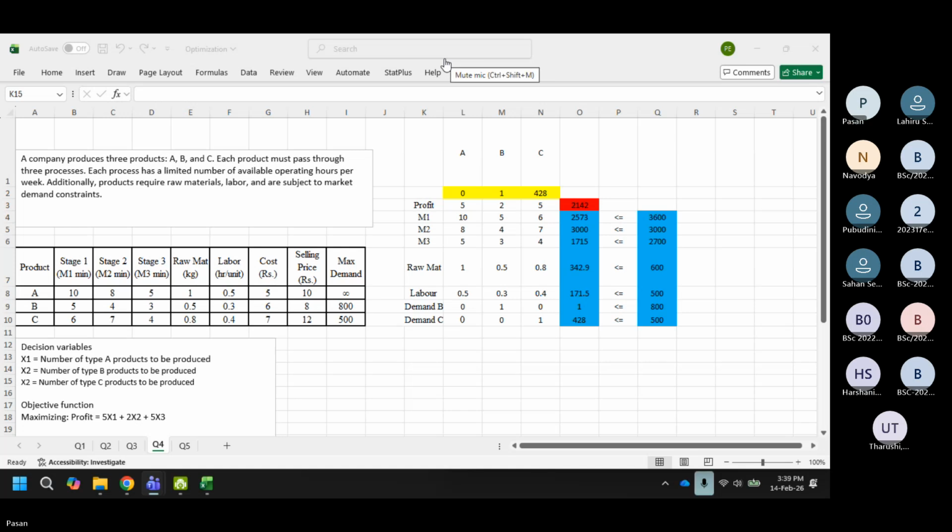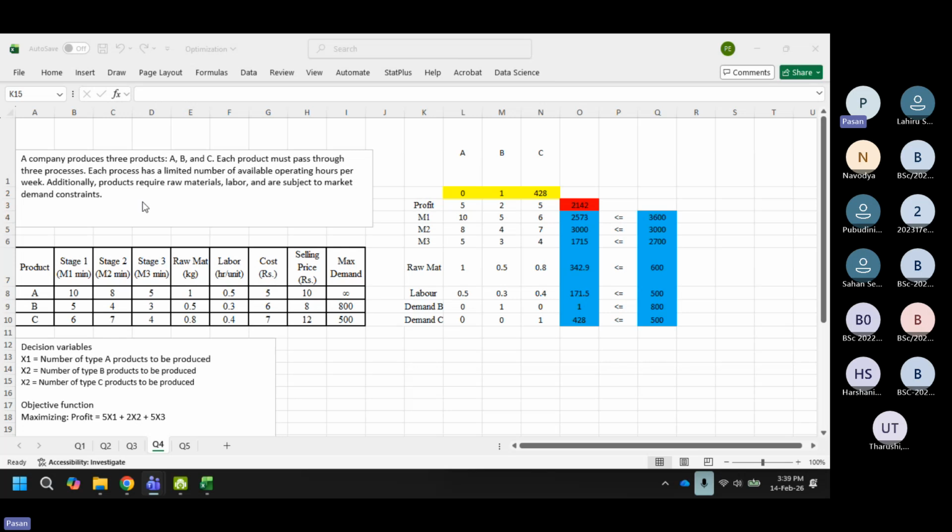Okay, so let's look at this example. They have the production of three items A, B, and C. And each product must pass through three processes, right?